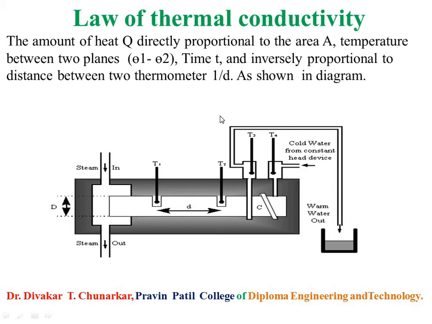The amount of heat Q is directly proportional to the area of the rod, the temperature of the rod, and time t, and inversely proportional to the distance between two temperatures. So this is the law of thermal conductivity.